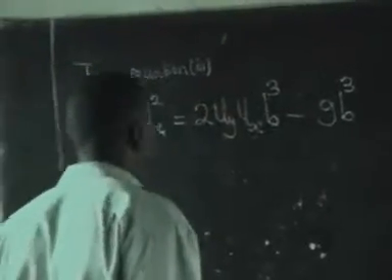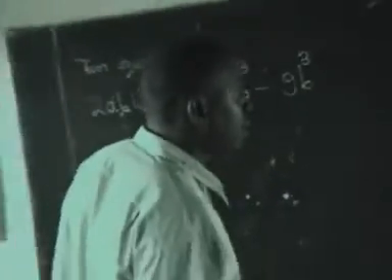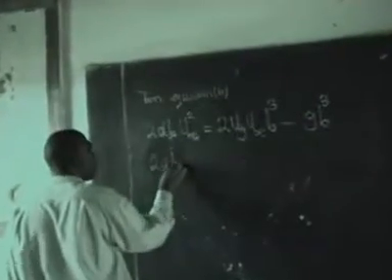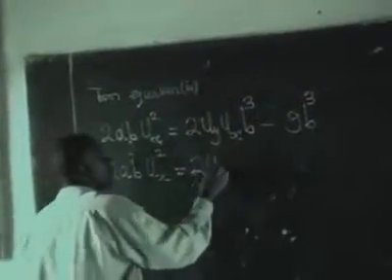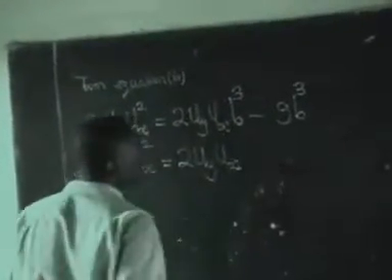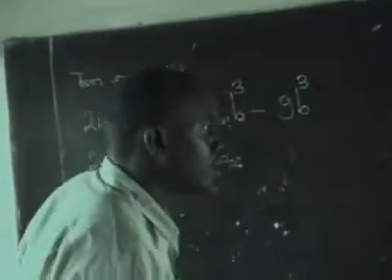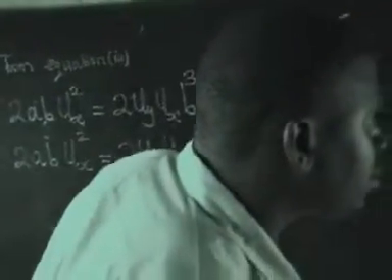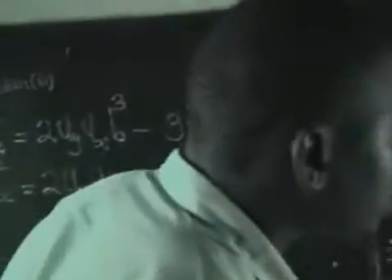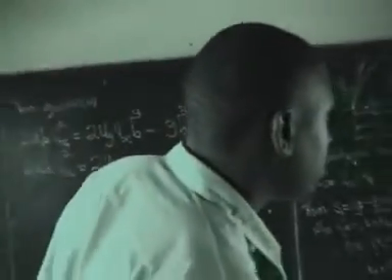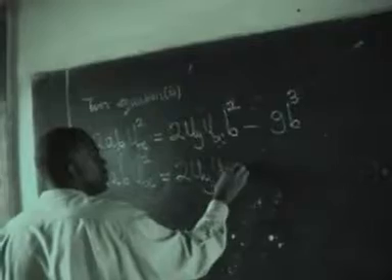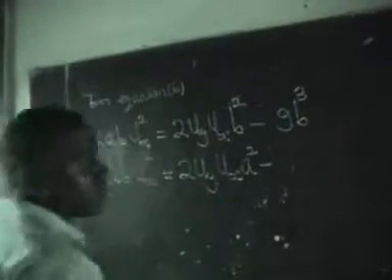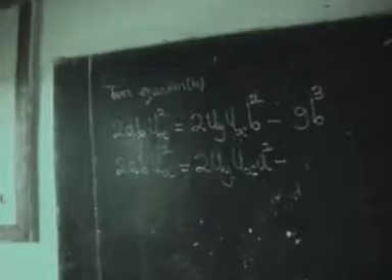From equation 4, when you multiply by a, again we get 2ab ux squared is equal to 2uy ux a squared minus g a cubed. So this is b squared, not b cubed.